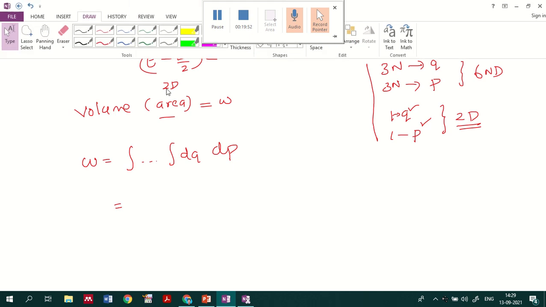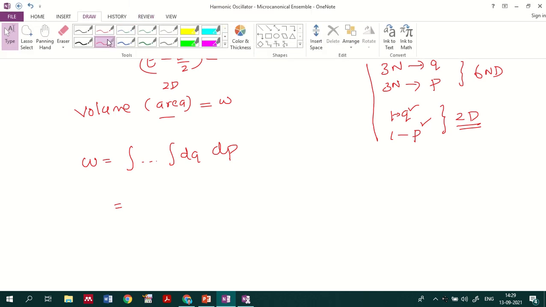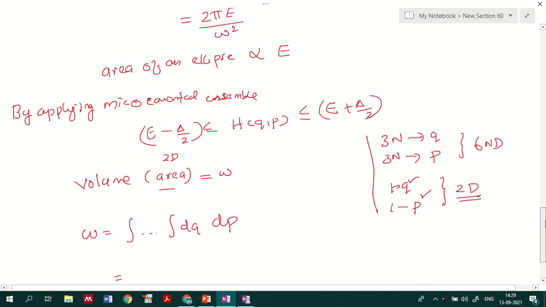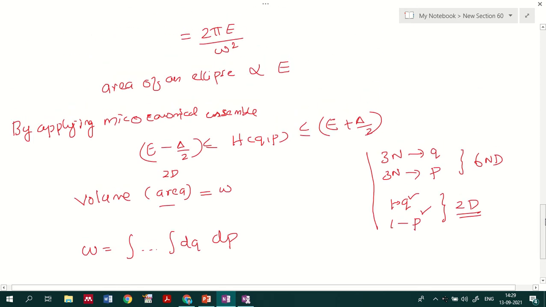2 pi. Here we already have the equation that we identified: the area is equal to 2 pi e by omega square.